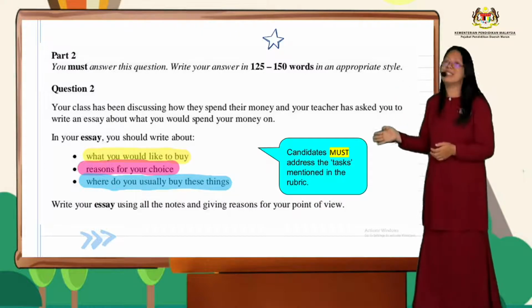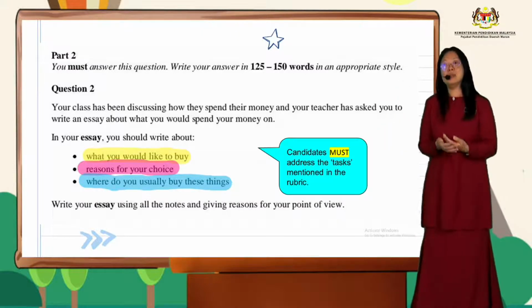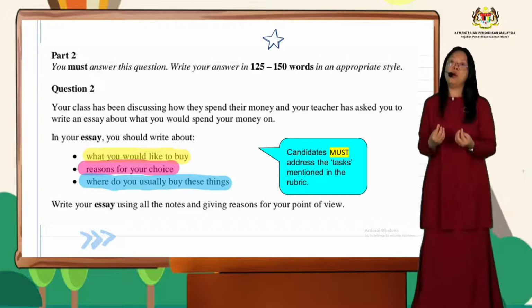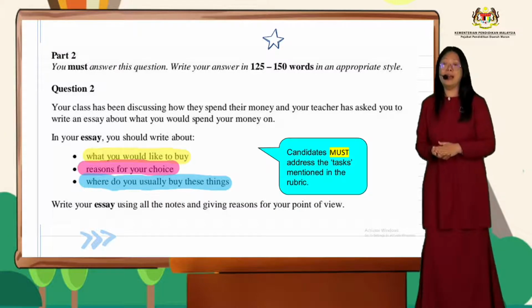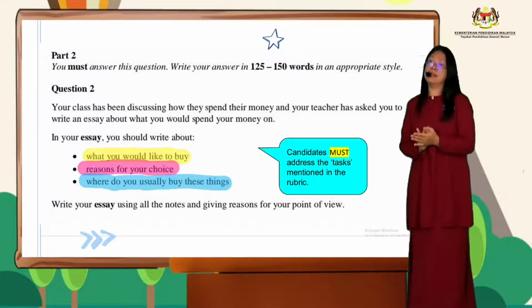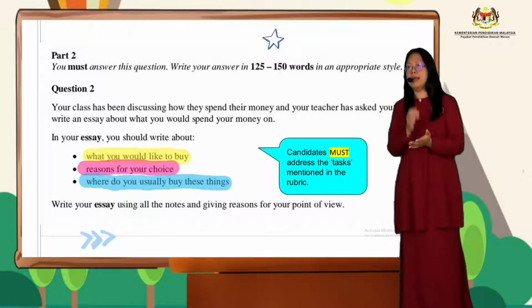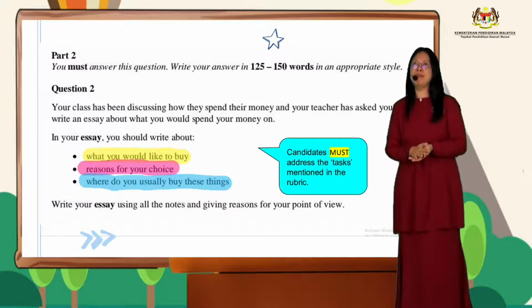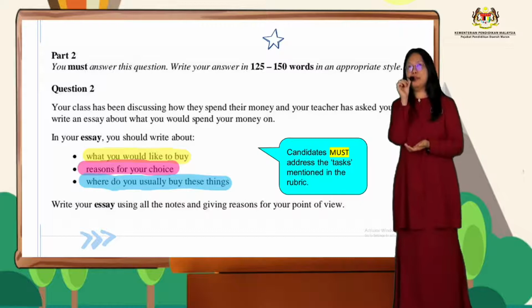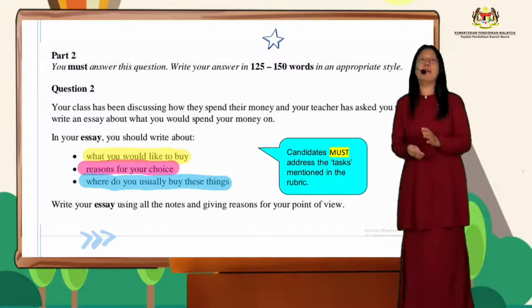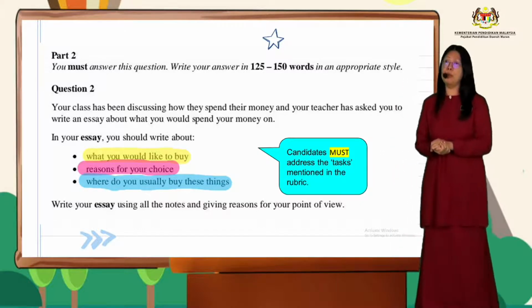Reasons means more than one. I always encourage my students to give at least 3 reasons. So why do I want to buy an iPhone 12? I want to buy an iPhone 12 because my old phone is broken.